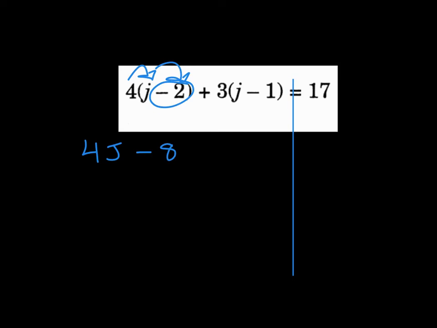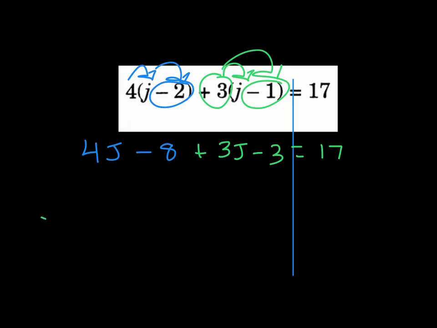Now I'm going to distribute the positive 3. So positive 3 times j is going to give me plus 3j. And positive 3 times a negative 1 is going to give me negative 3. And that's equal to 17. Now I need to combine like terms.